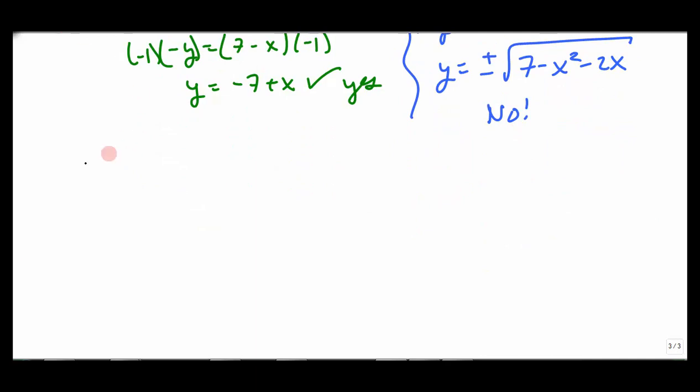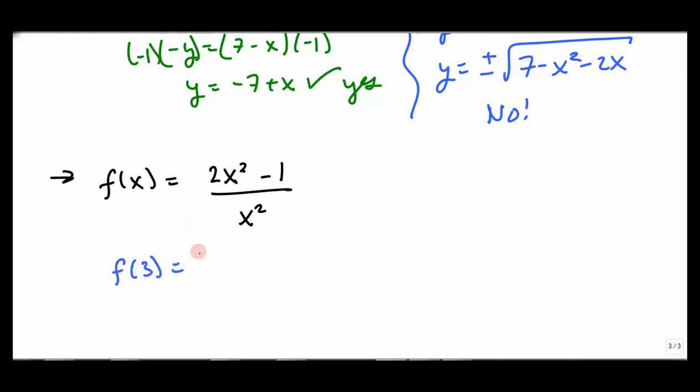So for example, we could look at the expression f of x equals, let's say, 2x squared minus 1 all over x squared. Now if we were asked to evaluate this at 3, that would look like f of 3. So that means everywhere that we see an x, I would go ahead and plug in a value for 3.